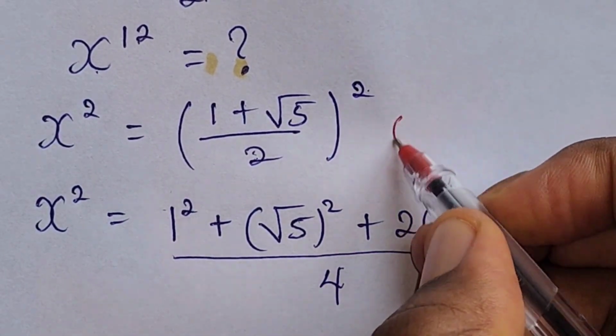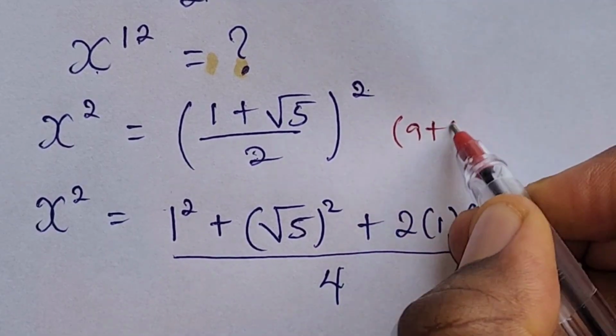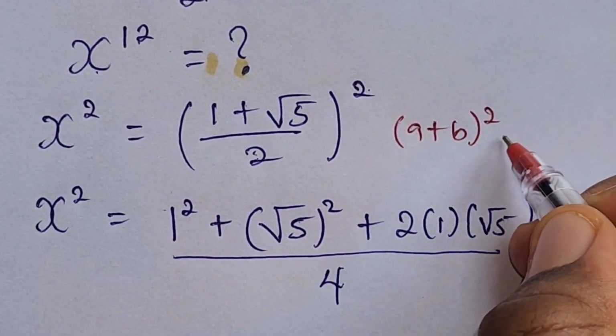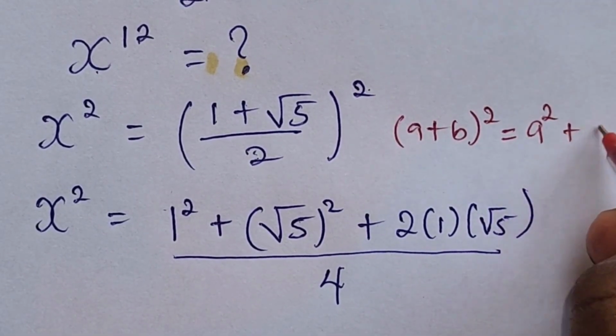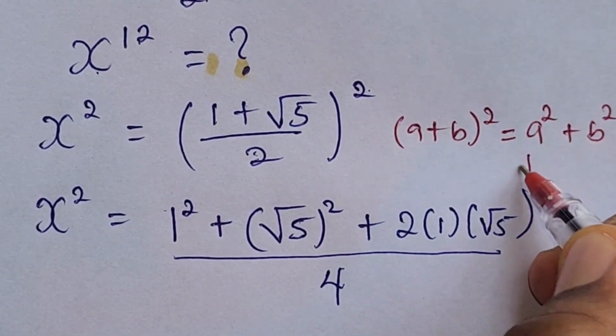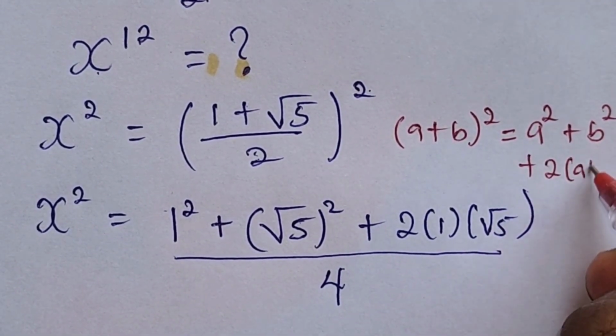So this expansion is when we have (a + b) all squared, which is equal to a to the power of 2 plus b to the power of 2 plus 2ab.